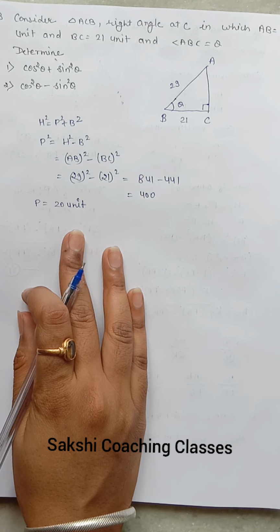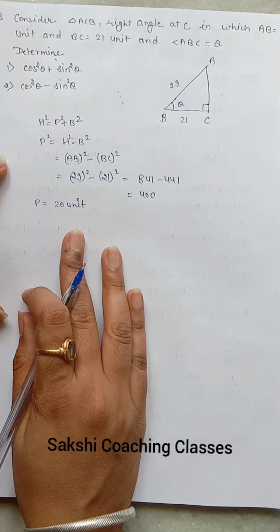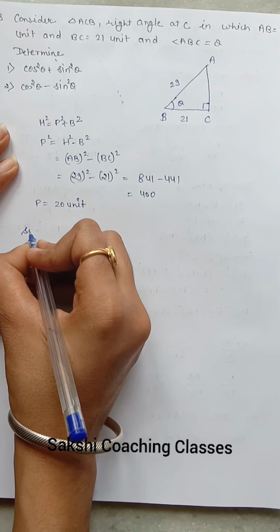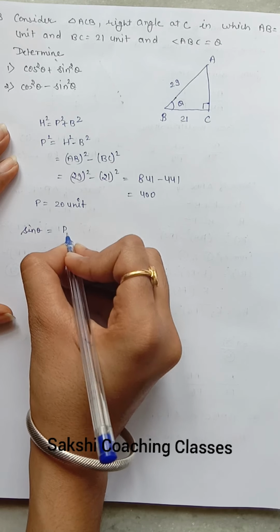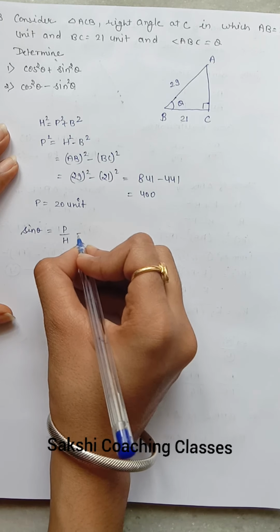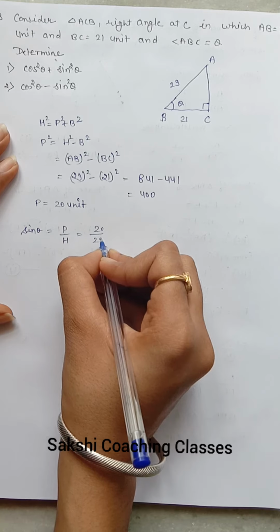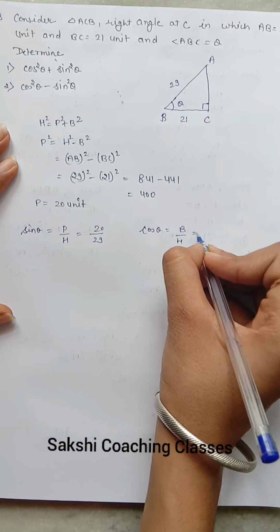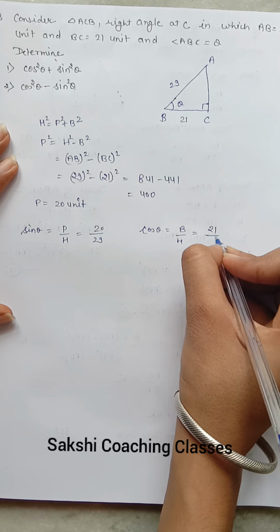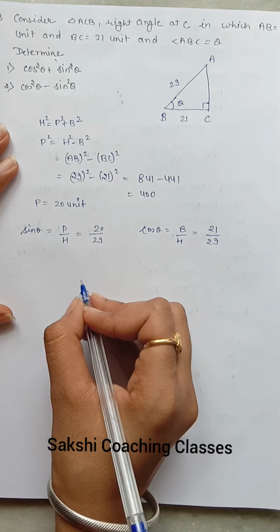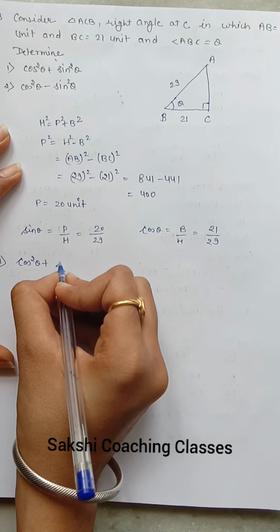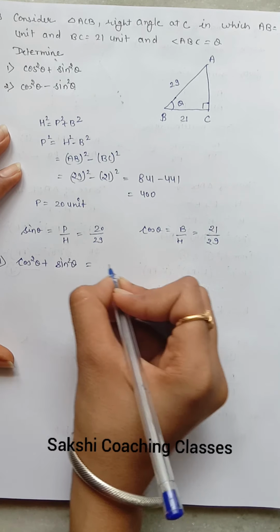Okay, now you have to find the values of cos and sine, right? Sine theta, what is the formula for the sine? That is p by h. The perpendicular is 20 and h is 29, and cos theta is b by h and it is 21 upon 29, right? Now first, cos square theta plus sin square theta.